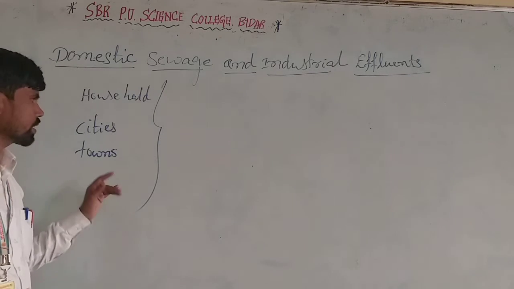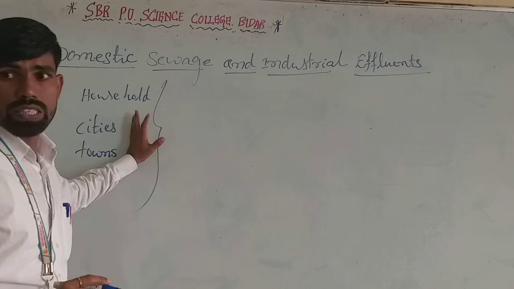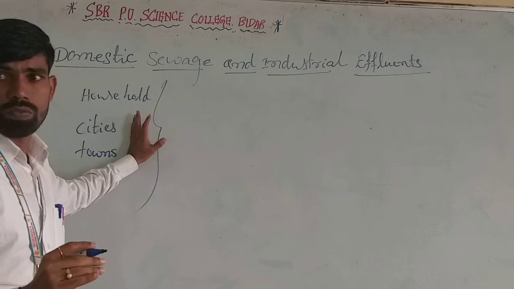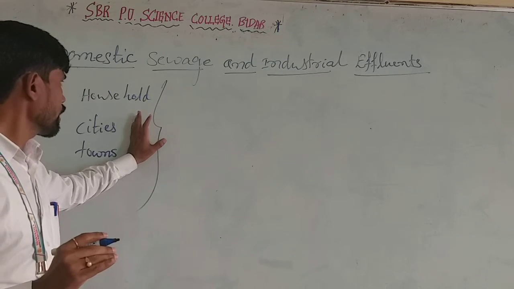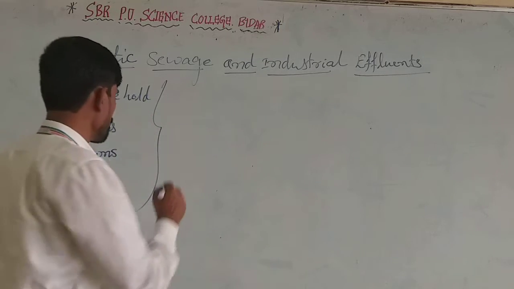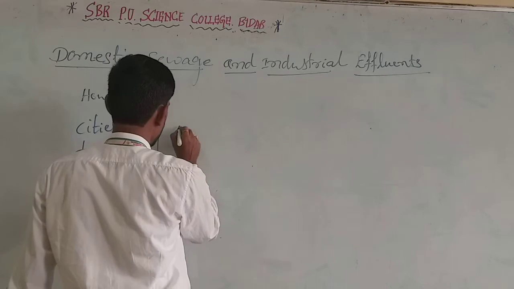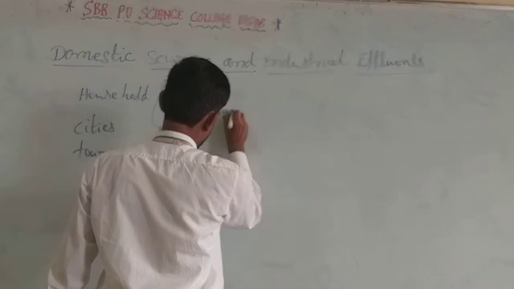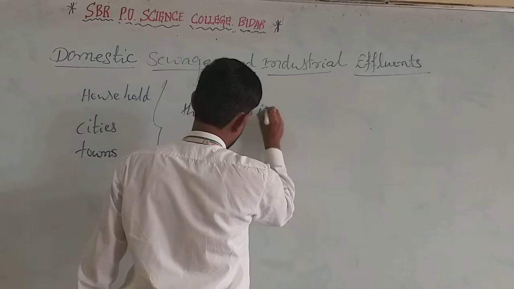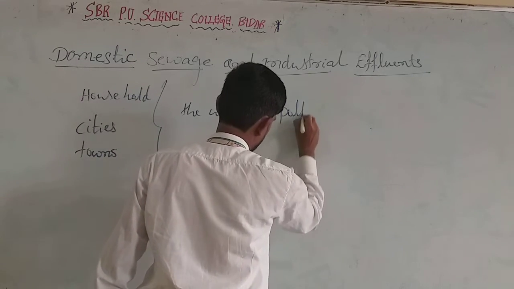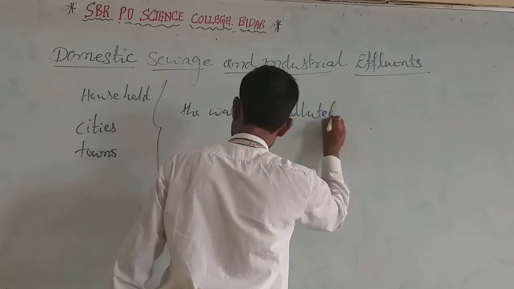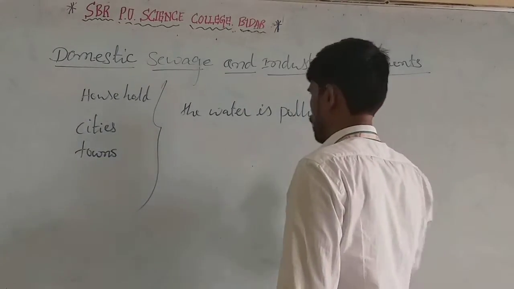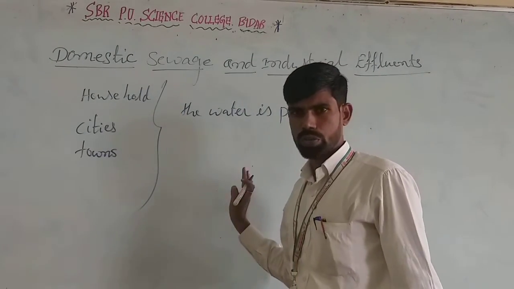That sewage is a pollutant from what we are using in households. So that is a pollutant. This pollutes the water we use for different purposes.